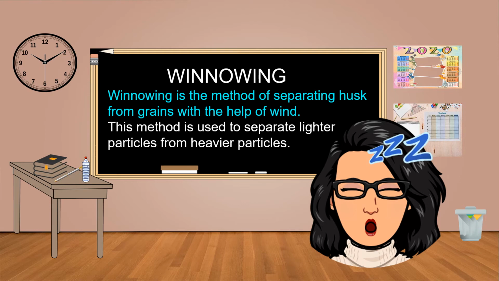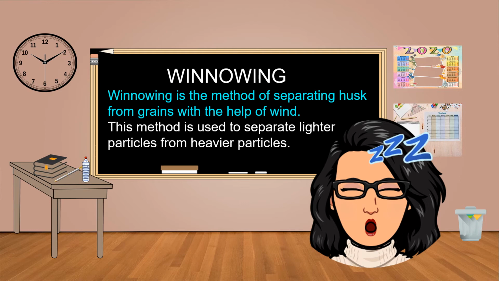Students, in this method of separation, the mixture of grains and husk is taken in a winnowing basket. The farmer stands on a raised platform and holds the winnowing basket a little higher. Then he tilts the basket, allowing the mixture of grain and husk to fall down slowly, shaking the basket continuously.